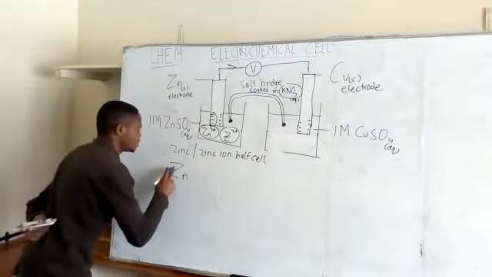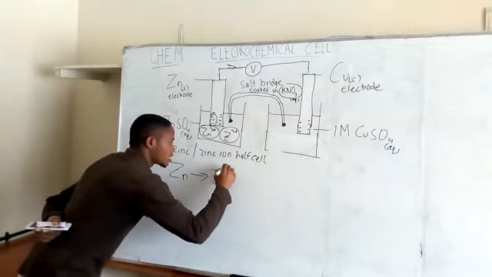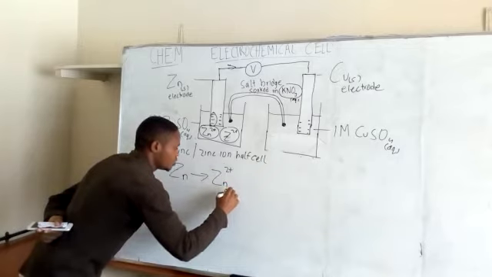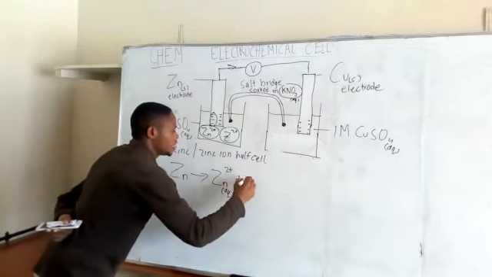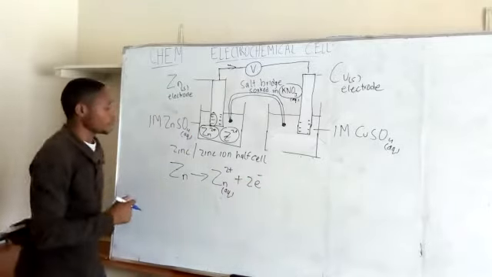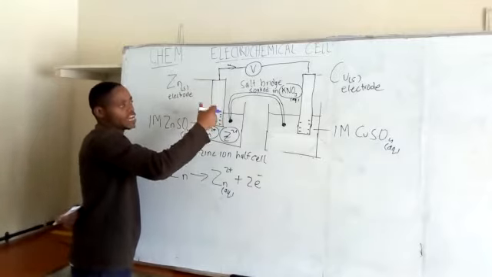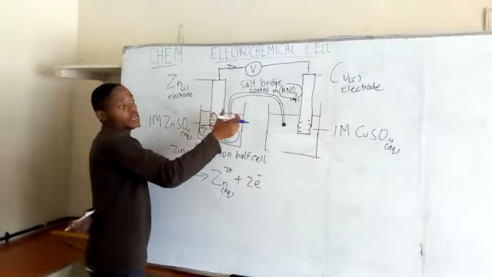So we're going to have zinc ionizing, going into solution, and giving us 2 electrons like that. These 2 electrons are in higher concentration as compared to the copper.